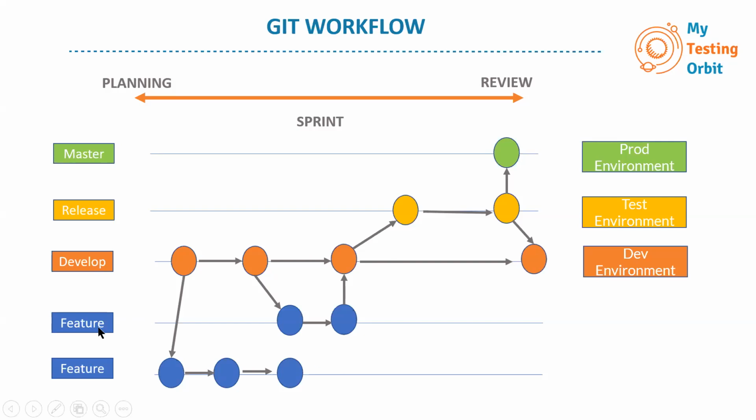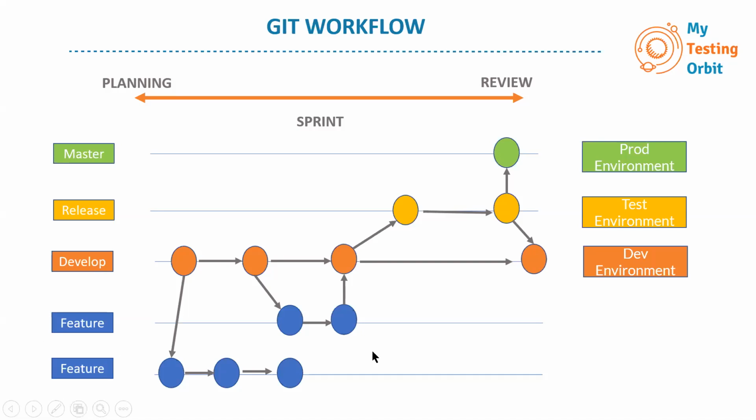They are working on different features, and right now they are working on their local machines, and they have a local database. So they are not in the dev environment; they are doing all the work on their local machine, in a local environment linked to a local database.